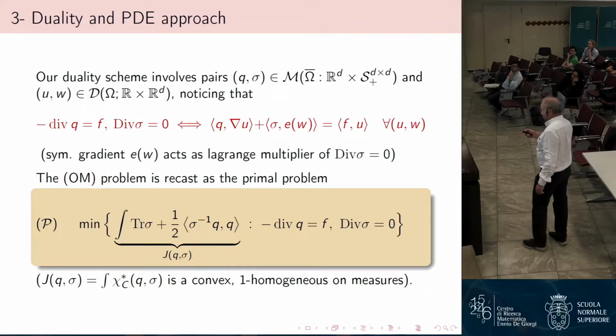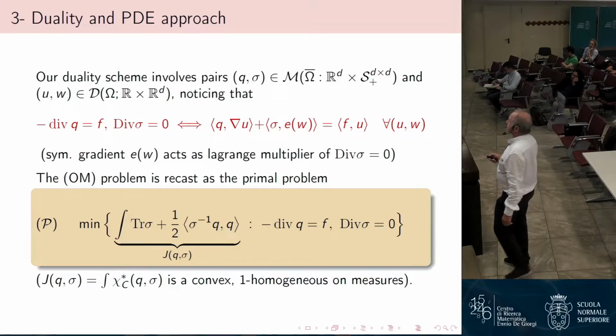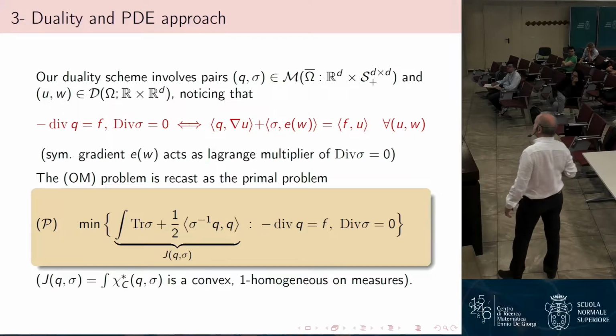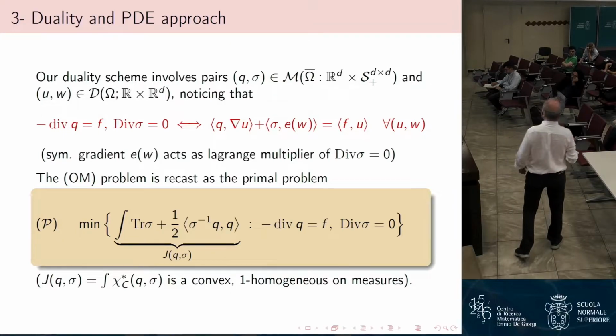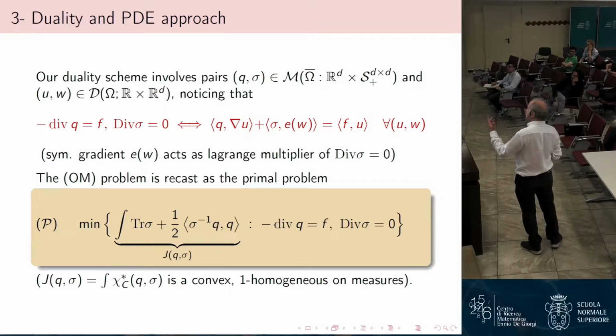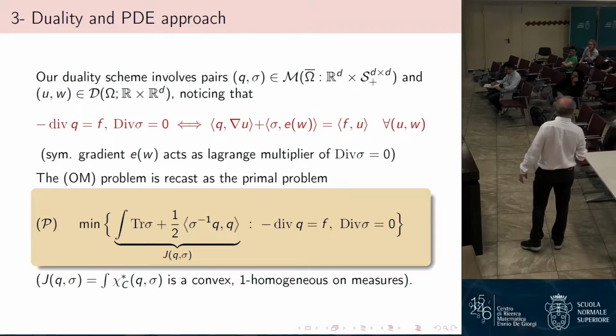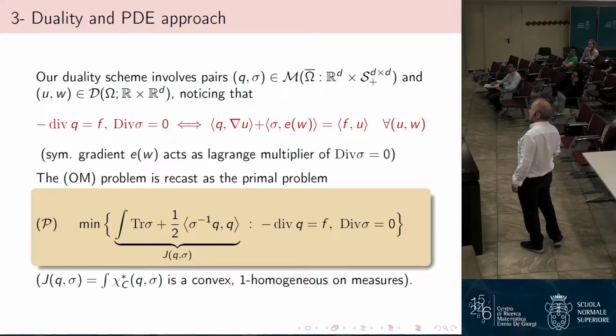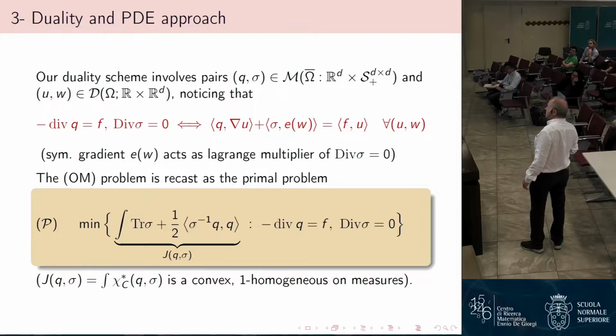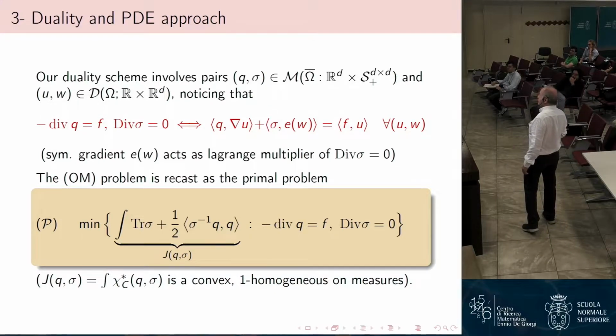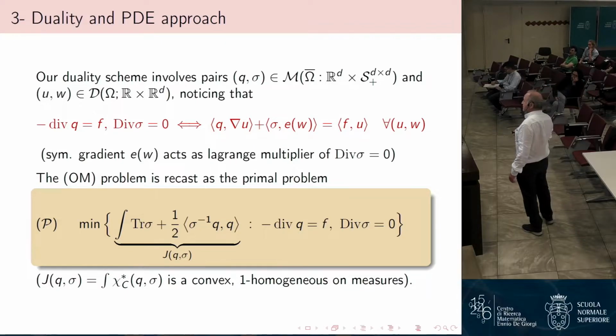Okay, so I use a very classical framework first. It is what I call the PDE approach, okay? So you have to minimize the convex function of sigma, but the divergence-free condition is handled through duality.